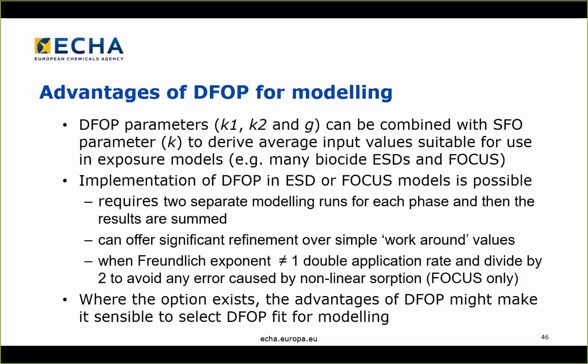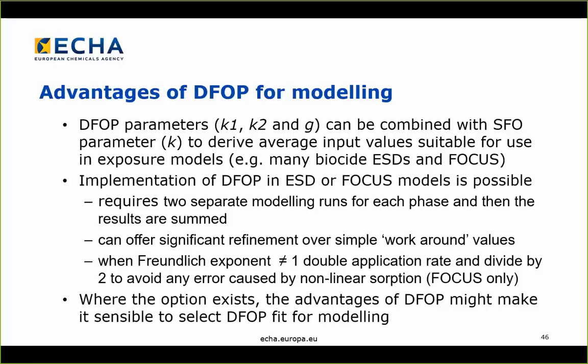It just requires you to run the model first for your fast phase, then run it again for your slow phase, and add up the 2 concentrations. And that can offer quite a significant refinement over those simple workarounds where you're using either 1,000 days or 175 days, because actually for that DFOP fit, there was quite a lot of mass in that fast degrading compartment. About 80% of the mass was in the fast compartment, which degraded with a half-life of about 7 days.